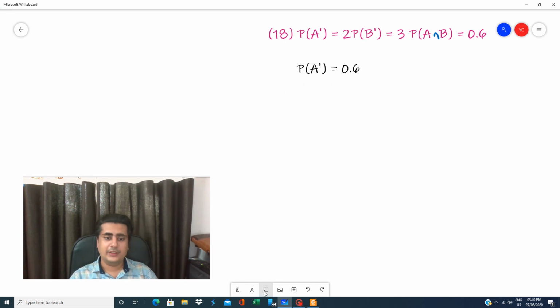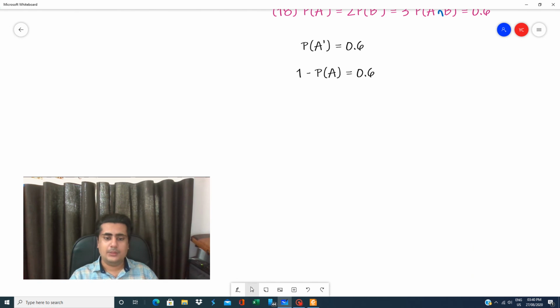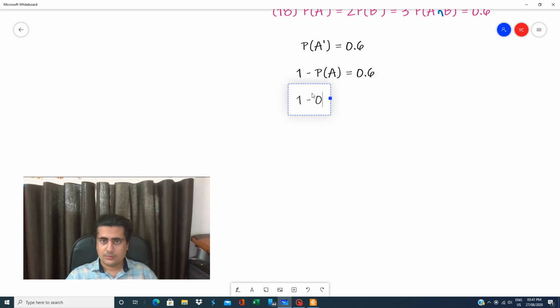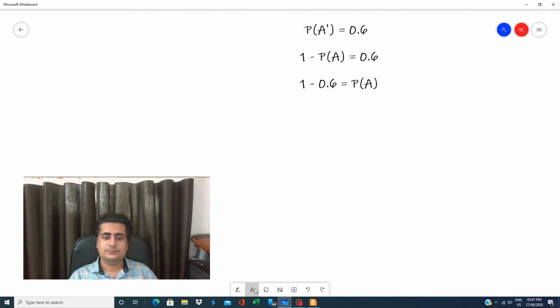Now P of A dash is 0.6. What is P of A dash? Obviously it's 1 minus P of A. Now I'll be subtracting 0.6 from 1 and transferring this P of A to that point. So 1 minus 0.6 is equal to P of A, 0.4 is equal to P of A.